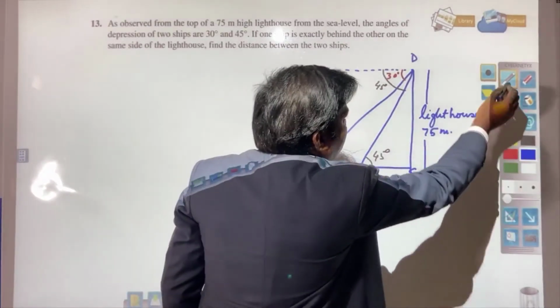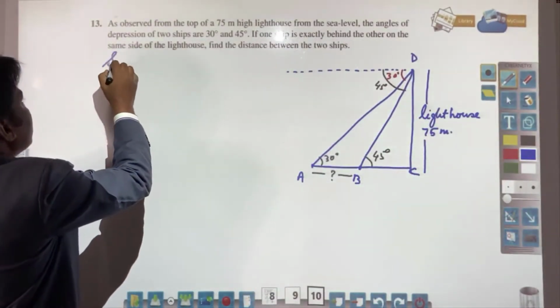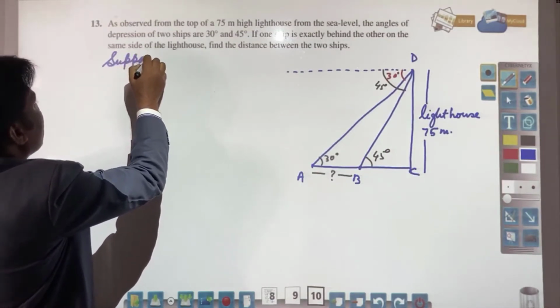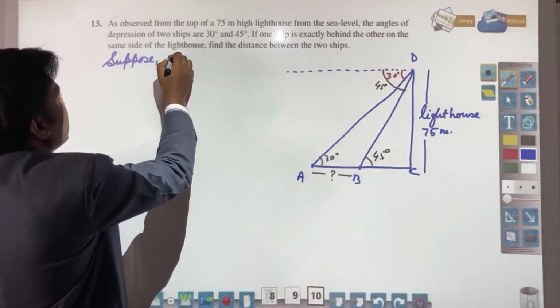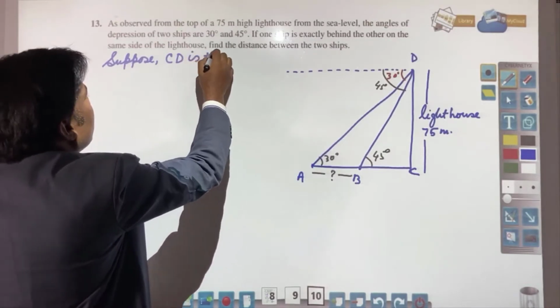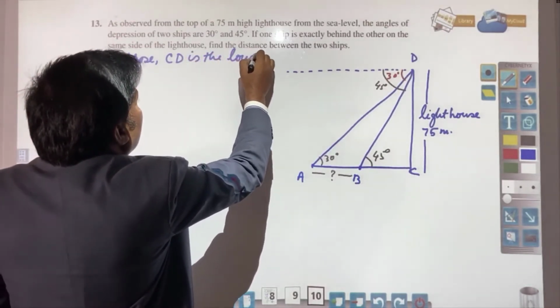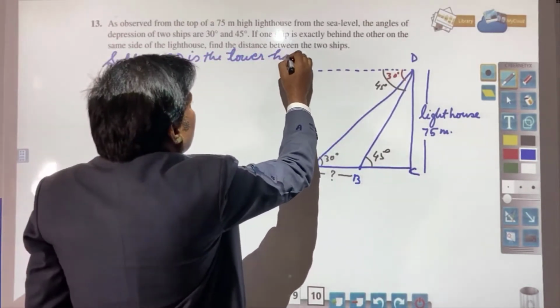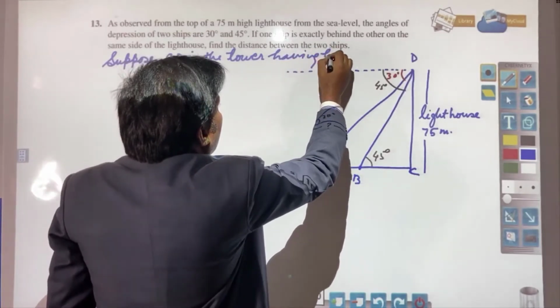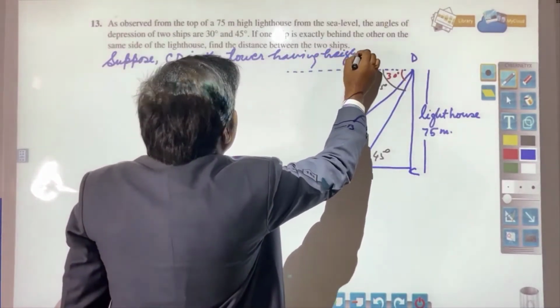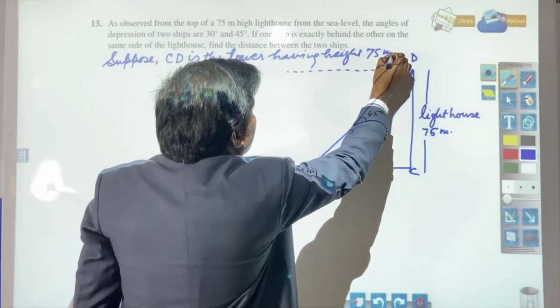Here we will write, suppose CD is the tower having height 75 meters.